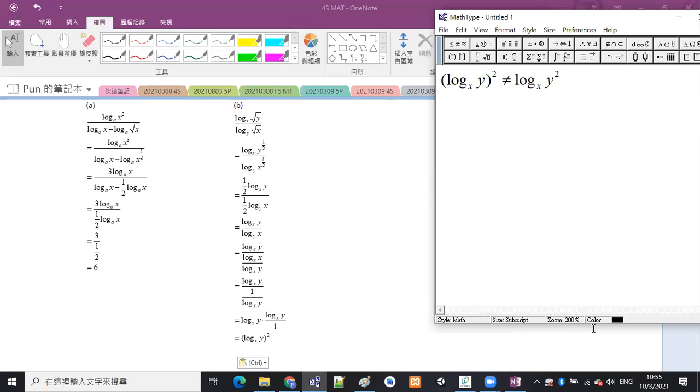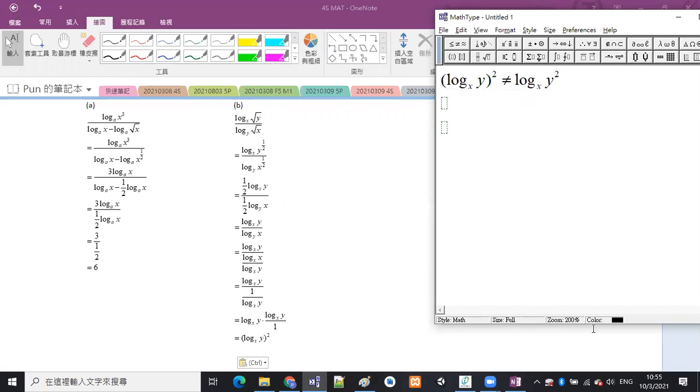It is actually log y base x times log y base x, two logs multiplying together. But on the right-hand side, the square is for the y only. Okay, for the number inside the log only. Okay, so it is just like this.